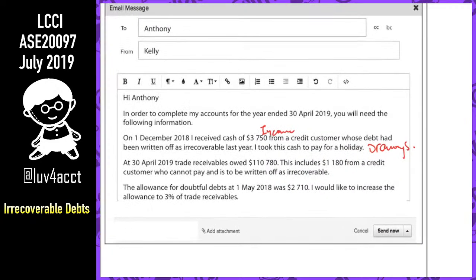Trade receivables owed 110780. This includes 1180 from a credit customer who cannot pay and is to be written off. The allowance for doubtful debts last year is 2710, and I would like to increase the allowance to 3% of the trade receivables.